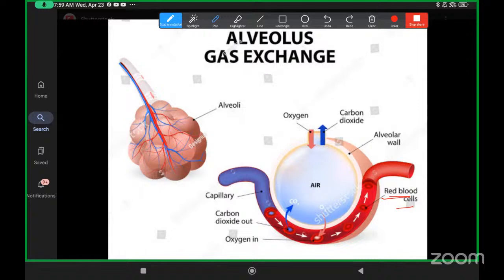Then that artery goes to the lungs, and then from the lungs it goes back to the heart. So my question is, why in the diagram is there a capillary?